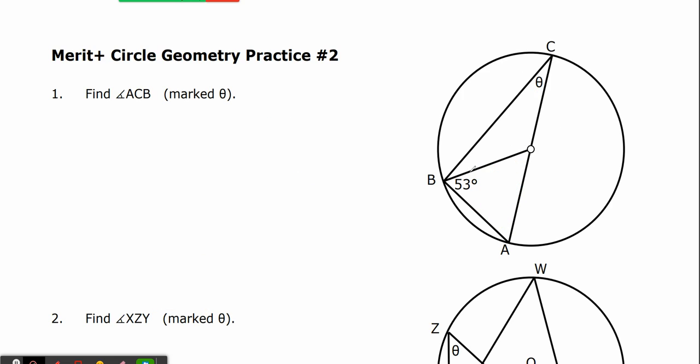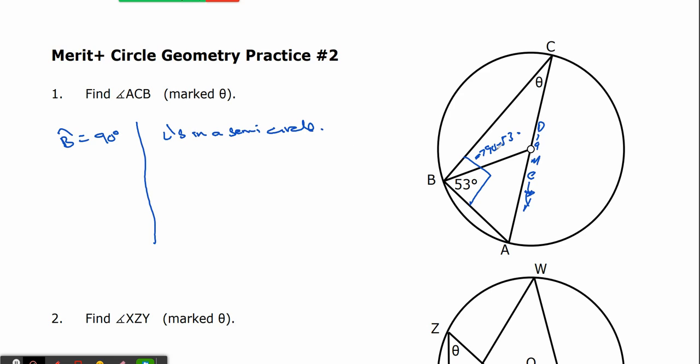If you started off this whole question and realized that this is a diameter, then you'd realize that this is 90. And if this is 90, then 90 minus 53 will be this angle over here. So you could have written angle B is equal to 90 degrees, angles in a semicircle. And then therefore 90 minus 53 gets you 37, right?